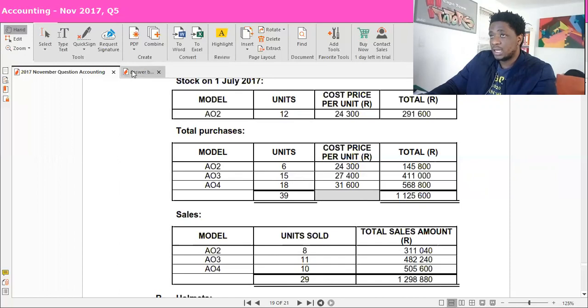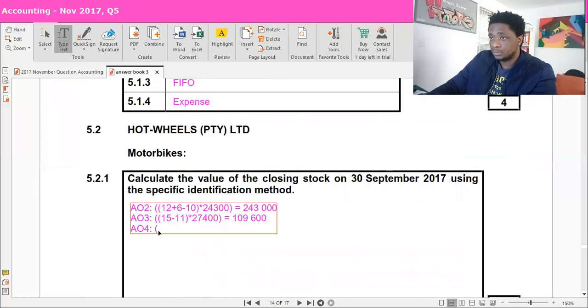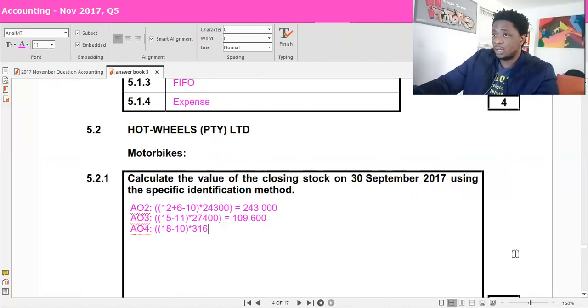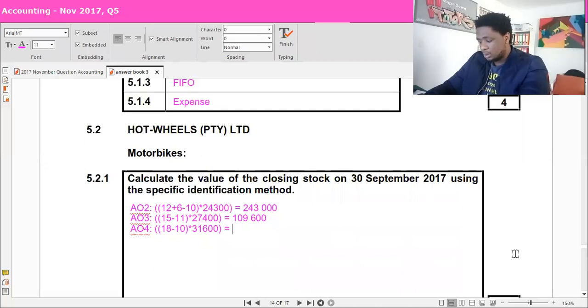So I'm going to say 18 minus 10, right? And then we're going to multiply that by the cost price, which was 31,600. And then we're going to get an amount of 252,800.